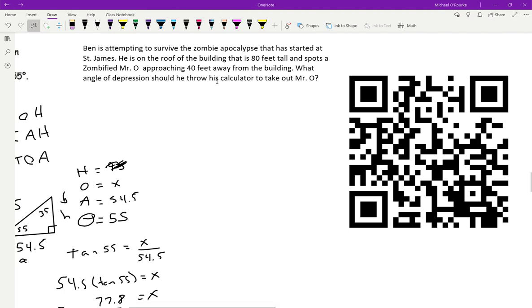Okay. Well, try to just read the question first. I'll go and make the diagram. But read over this question and see if you can draw what's happening. Who was my first person to put it up?